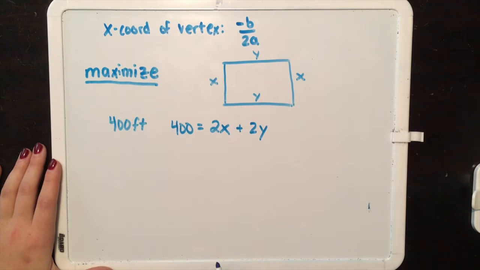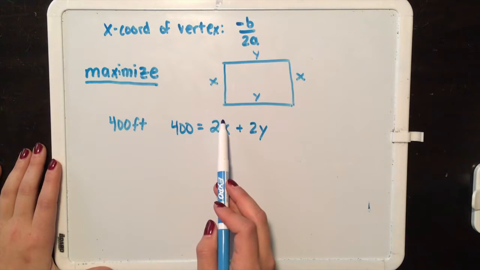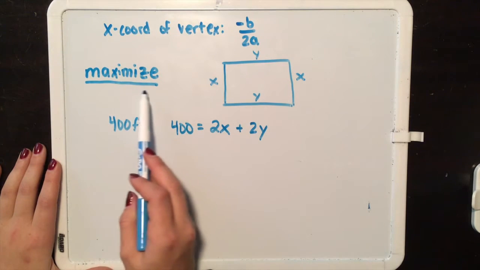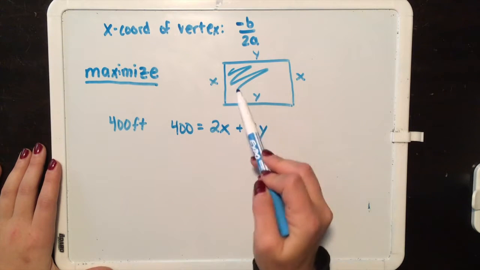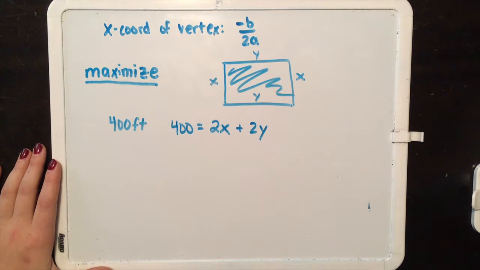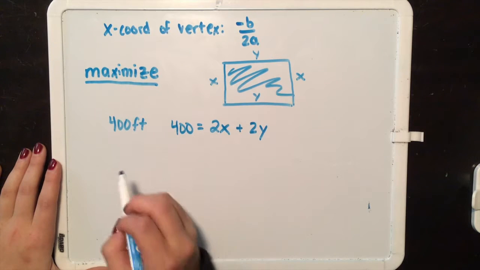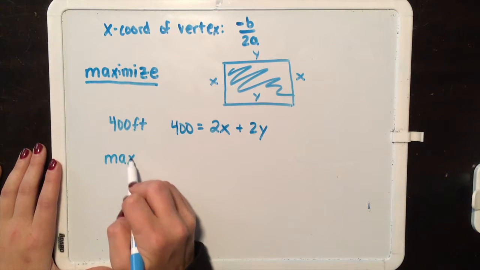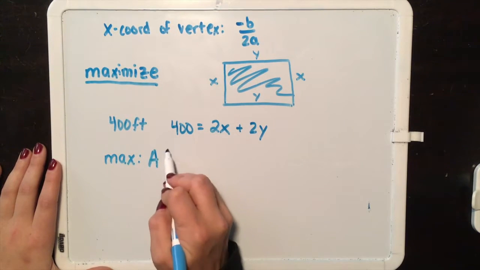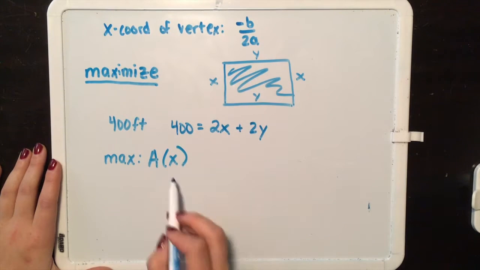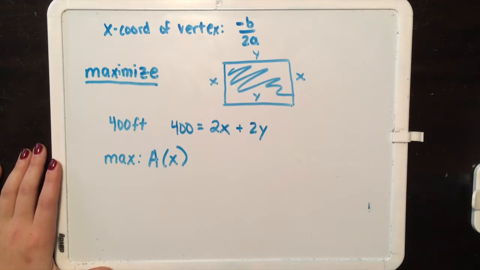And if you wanted to build this pen so that you maximized the area inside, then we need to maximize the area of the rectangle as a function of x.